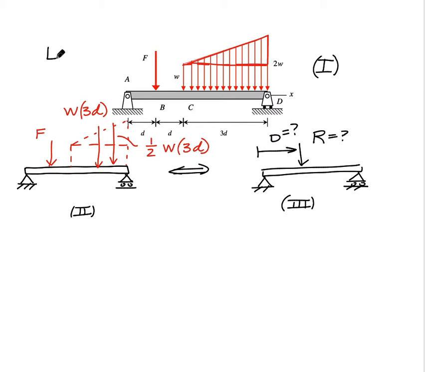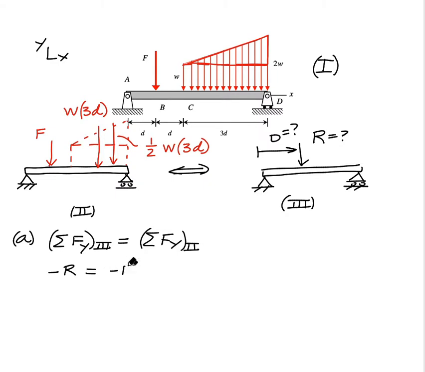If I make this X and Y, and if I sum forces on 3 in the Y direction, to make that equivalent to 2, I sum forces in Y on 2. So what I have here is a minus R for 3, and then for 2 I've got the minus F. I have a minus 3WD and minus 3/2 of WD, like that.